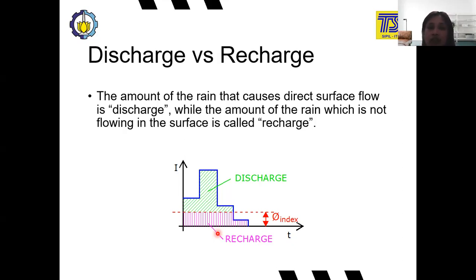So the groundwater level can be increasing by the water recharging from the rainfall. And the limit of this recharge and discharge is known as this V index. So the line of this V index is related to the amount of the water discharging and the amount of the water recharging into the soil.